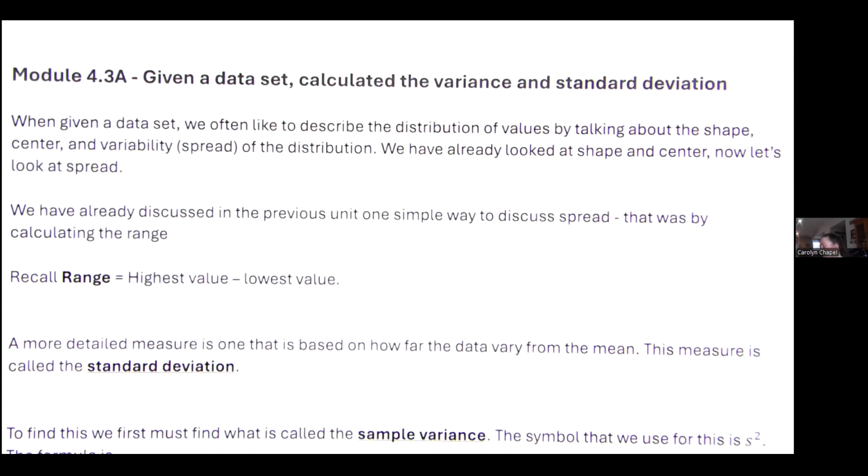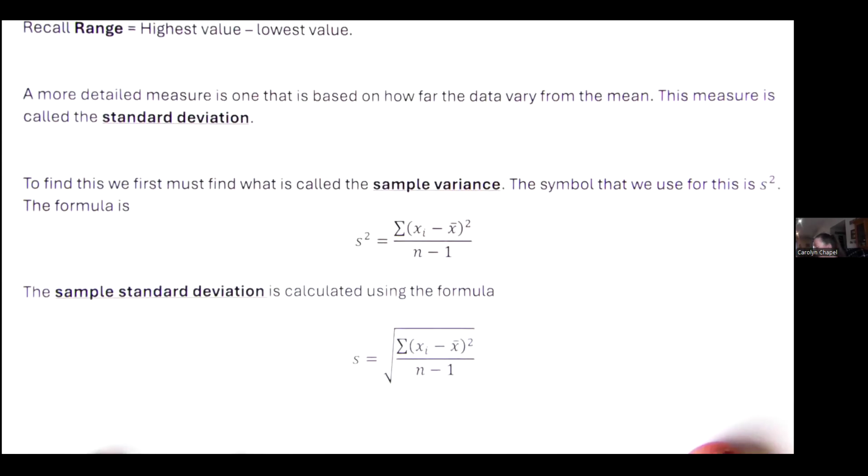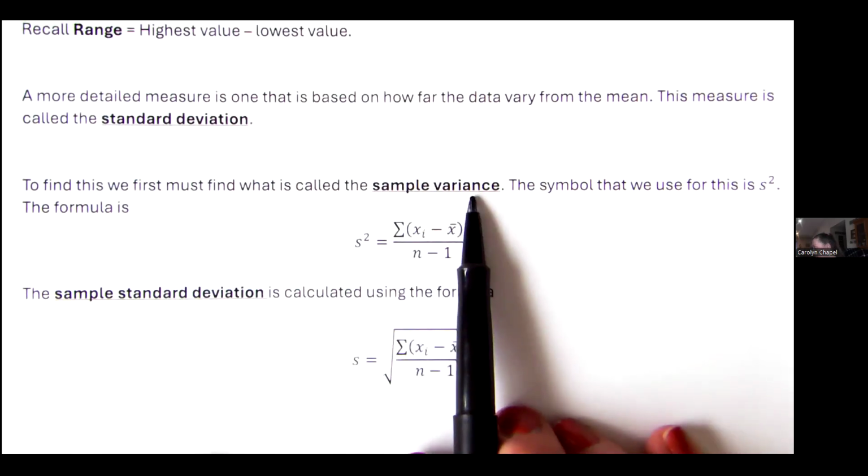Another one that's a little bit more detailed is something called the standard deviation. But in order to find our standard deviation, we first have to find our variance. The formula for this, and here are our formulas, we are going to be looking at a sample variance. Again, remembering sample variances, and we could also do a population variance.